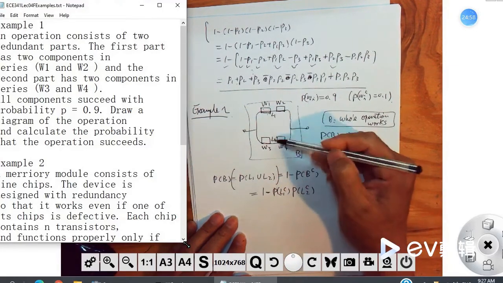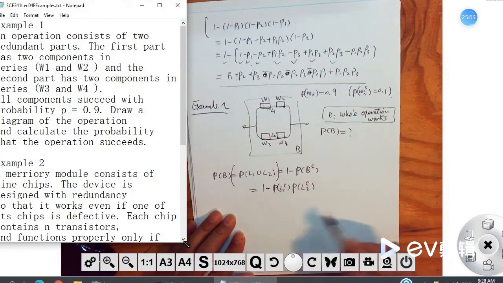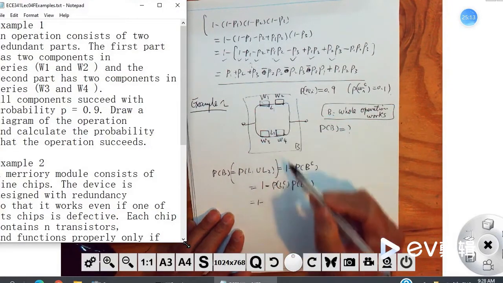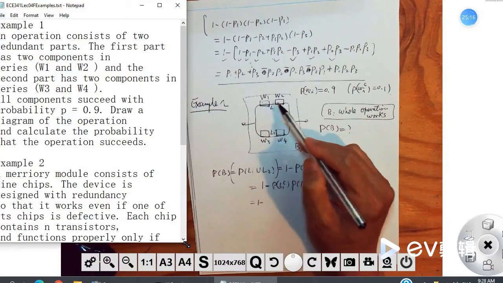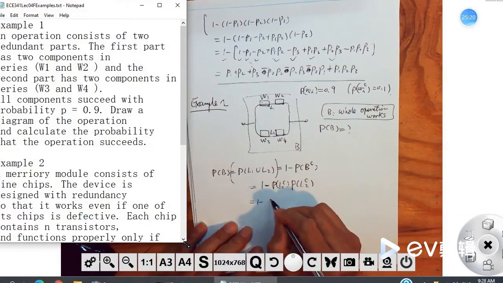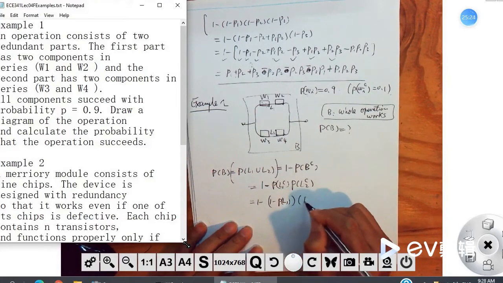Both getting wrong means the whole system is wrong. L1 complement means this one blocks or that one blocks, but I use L1. This is 1 minus PL1, and this is 1 minus PL2.